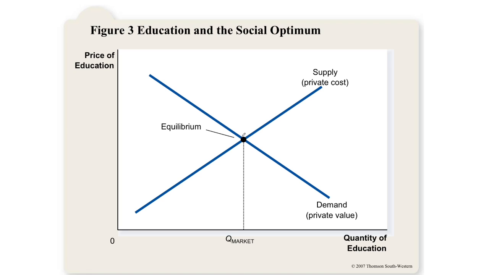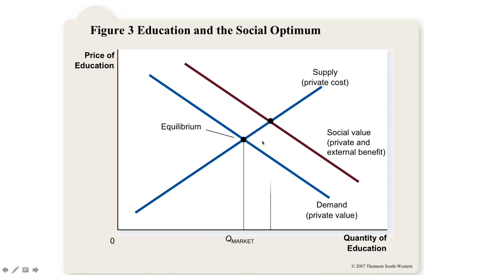Now, if people were left alone to pay for their own education, the point where the private cost and the private value, the supply and demand intersect, would give us our equilibrium quantity. However, there are additional benefits to education. So what happens is the public benefit, the external benefit, shifts the demand curve upward.